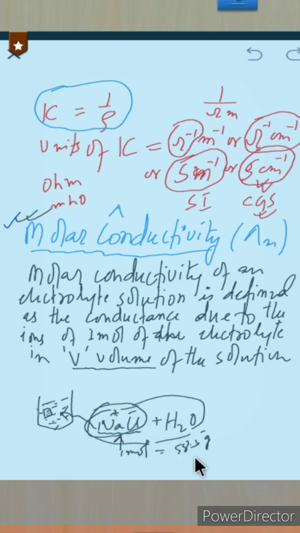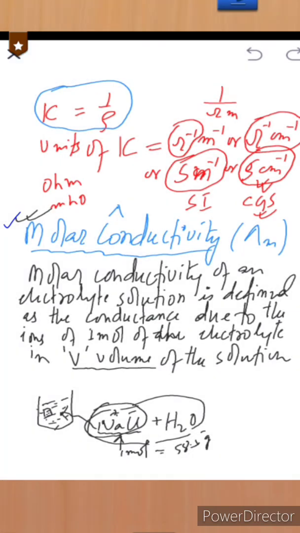So when we dissolve 58.5 gram of NaCl in any volume of water, then from that solution some Na plus ions and Cl minus ions will be there. Due to those ions, the conductivity will be molar conductivity.